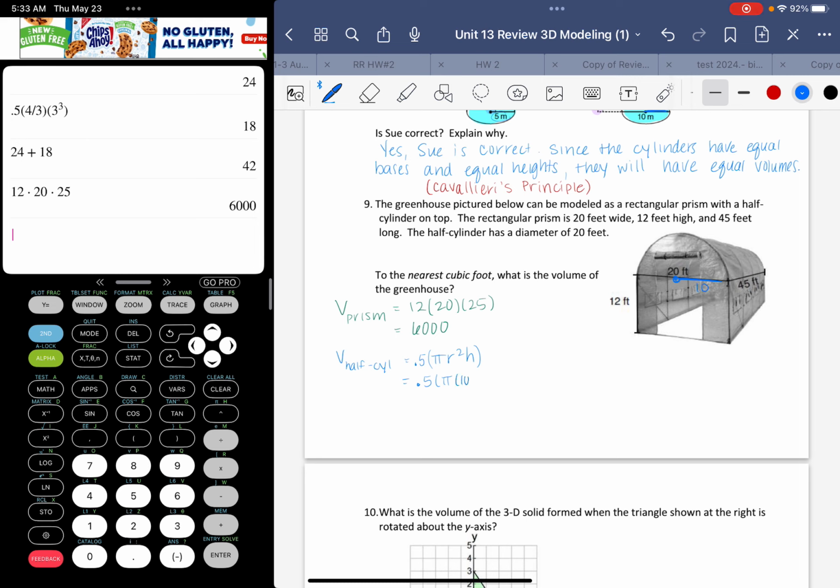So that'd be 10 squared times the height. And remember, the height goes from one base to the second base. So here's the first base, the second base of my cylinder would be back here. So the height is the 45, because it's connecting the front to the back.